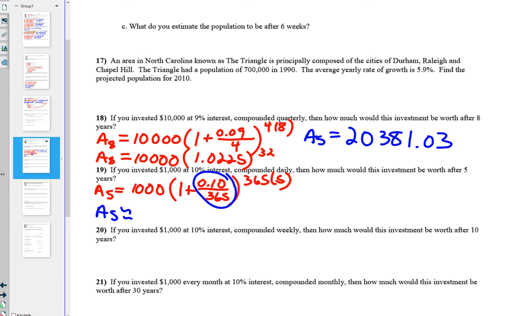So after 5 years, I'm getting $1,648 and about 61 cents. It's a 5. It's a 5 for 5 years.